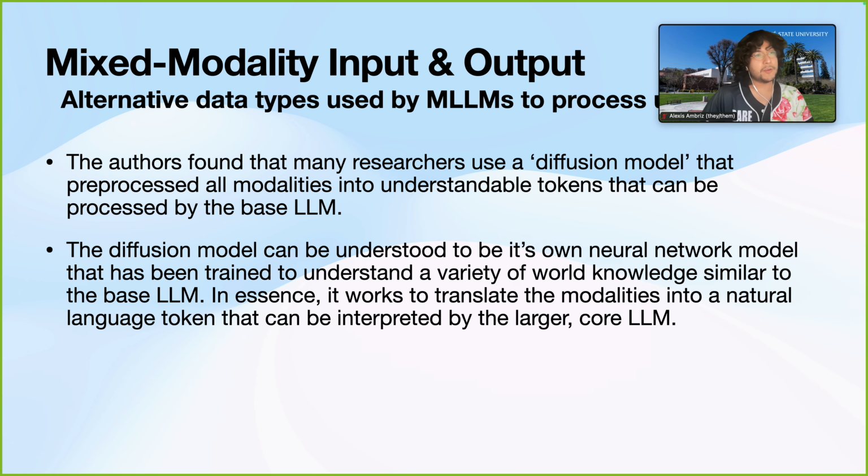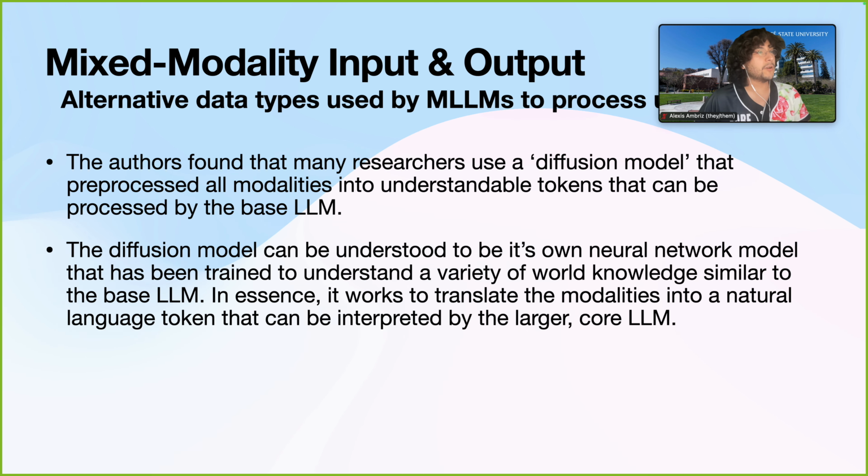However, the diffusion model also is trained on its own data. So it's kind of like another layer of the model. So you can think of it as two models. However, in the paper, the authors note that it's attached to the base LLM, so you can think of it as a single model still, although it has two components.